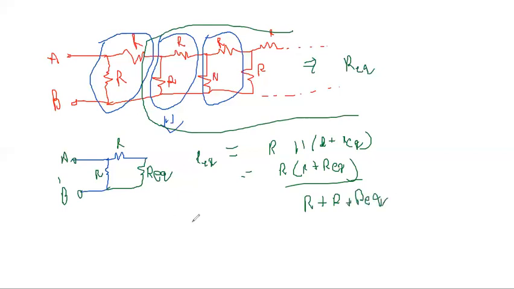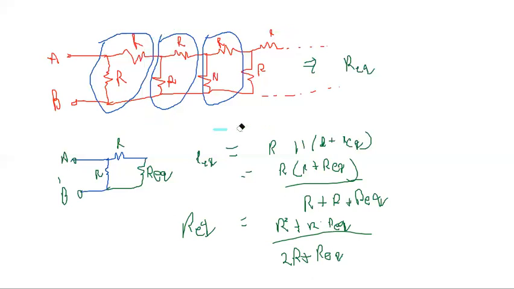So this is R square plus R into R equivalent by 2R plus R equivalent. And this is R equivalent. So you get a quadratic equation, which you have to solve here.